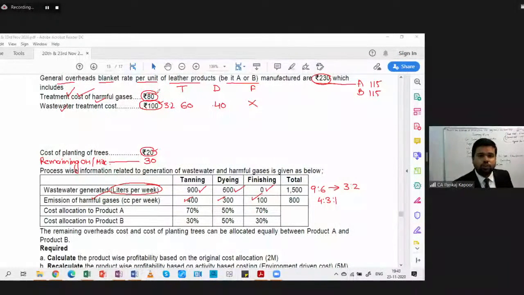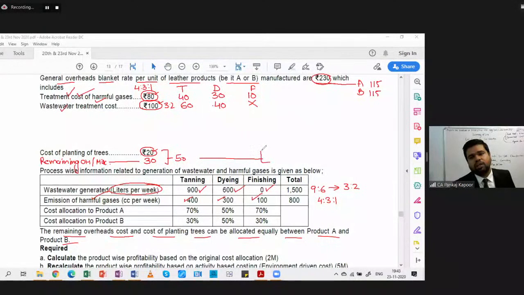So we will distribute this 80 in the ratio of 4:3:1, so it is distributed as 40, then 30, then 10. What is further written? The remaining overhead cost and the cost of planting trees can be allocated equally between products A and B. So this 50 rupee will be distributed equally between products A and B: A 25, B 25.